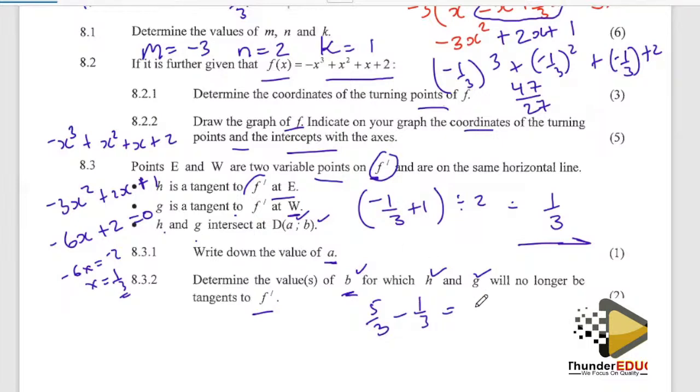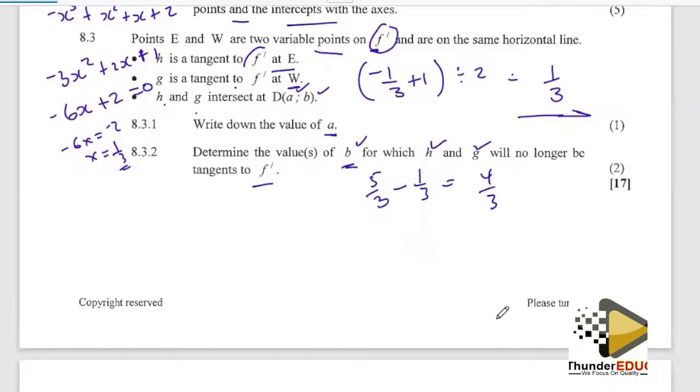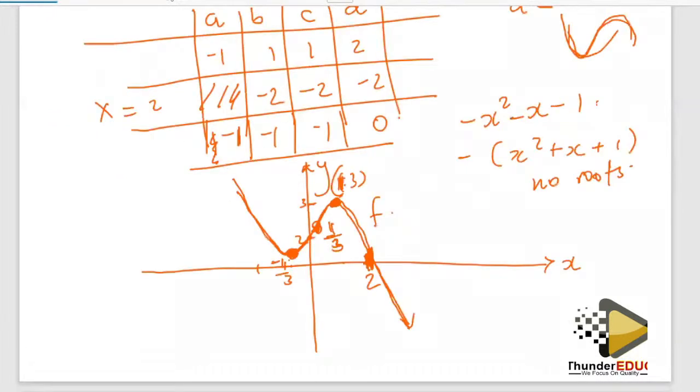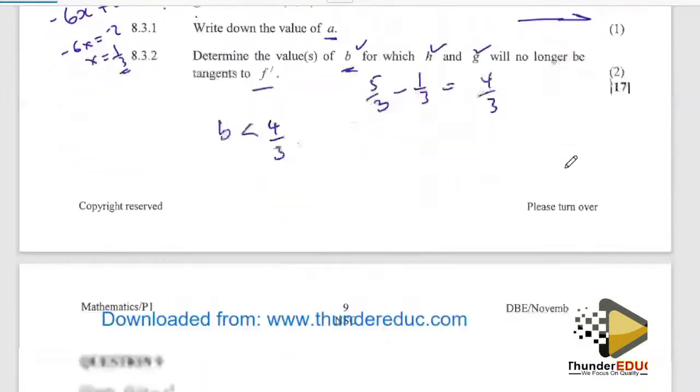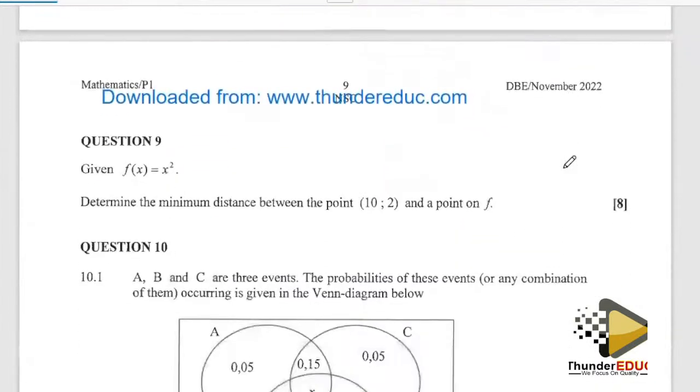Okay, that's going to give me 4/3, which means my B must be less than 4/3. Okay, so that is 8.3.2.